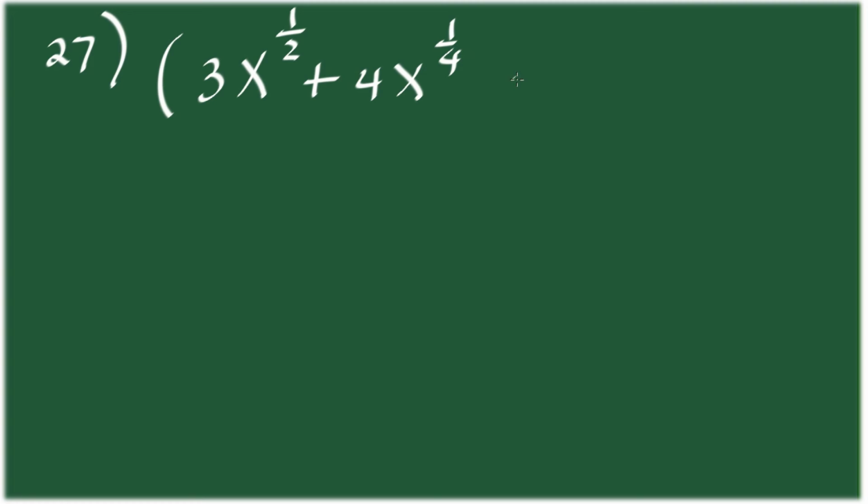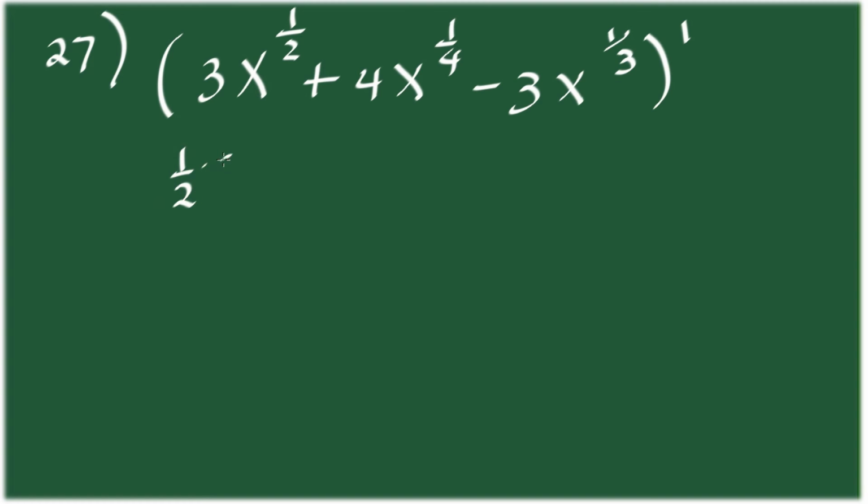Okay. How about, let's say you have 27. It's a combination of 3x to the 1/2 plus 4x to the 1/4 minus 3x to the 1/3. Okay, so emphasis, rational exponent. Get the derivative. So the derivative will be what? 1/2 times 3, okay?